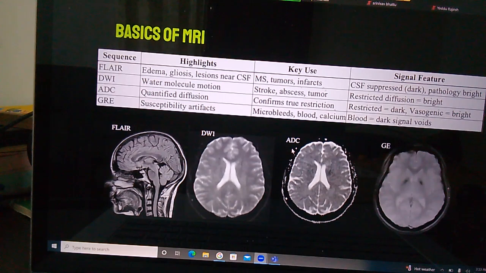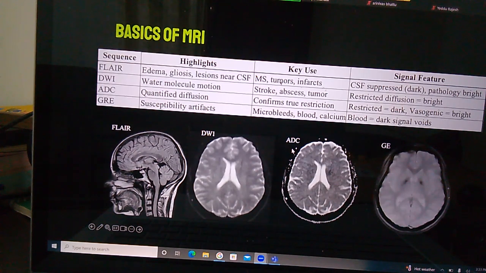Mainly because in T2 weighted images, with the bright CSF, if any pathology is adjacent to the CSF, like in multiple sclerosis, it will not show. So you have to suppress the CSF. In FLAIR images, any edema, gliosis, or lesions near CSF are shown as bright. It is mainly important for multiple sclerosis, new infarcts, and tumors.